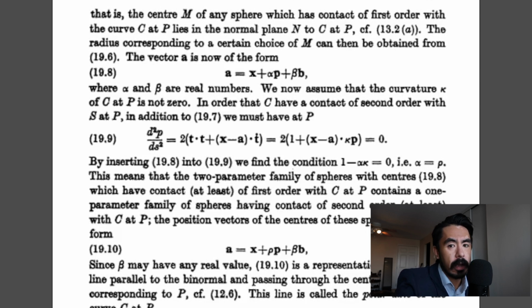And you can go back to the osculating circle stream, and you can see about that. You could also interpret it as like the osculating plane, of course, has a point on the plane minus the point at the curve that your osculating plane is defined about.